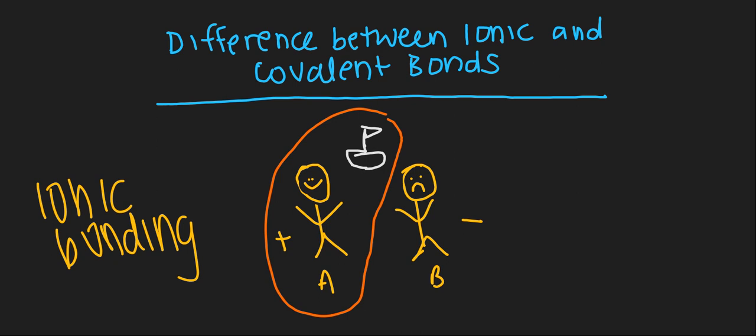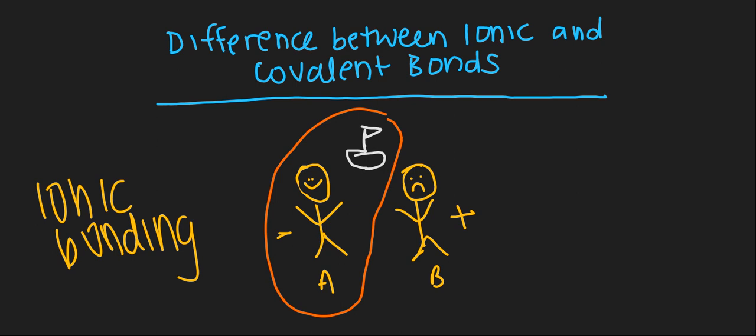But the one difference is that in ionic bonding, the one that takes the electron is actually negative, and the one that doesn't have the electron is positive. But that is maintaining the basic analogy.